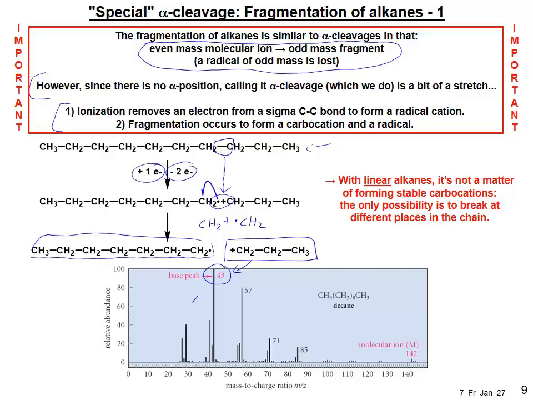So even though the one at 43 is the base peak, you can see that there was also a fragment where we lost one fewer CH2 group, another fragment where we lost one fewer CH2 group, and another where we lost one CH2 group. And you can see that all of these are separated by 14 mass units. So it's not a statistical distribution, but all the different possibilities of all the C-C bonds pretty much show up on this spectrum. So this is when we deal with linear alkanes.